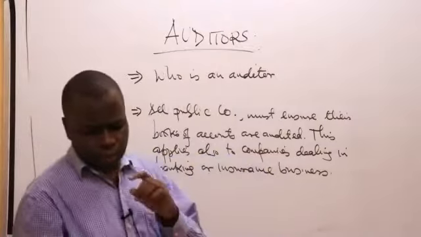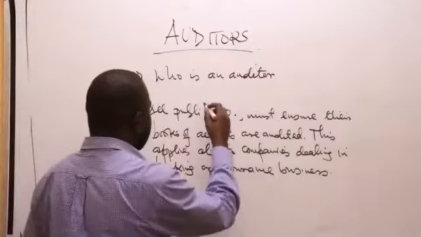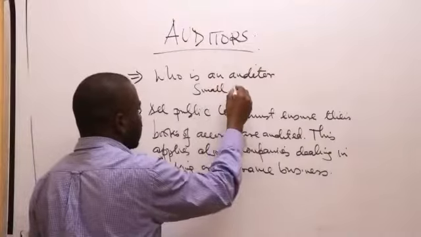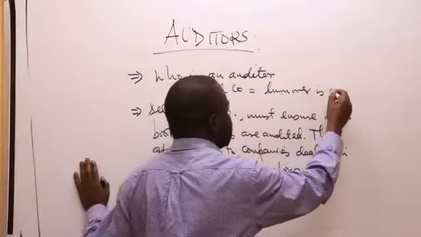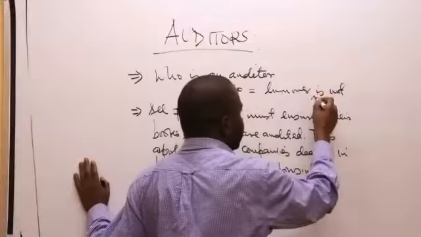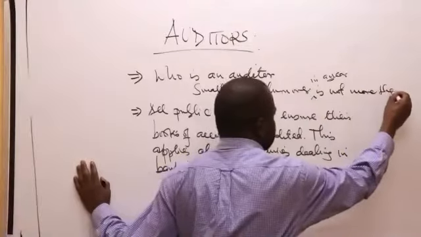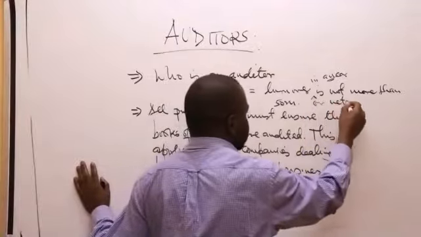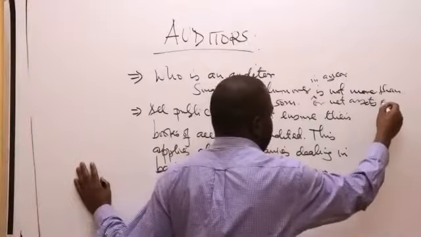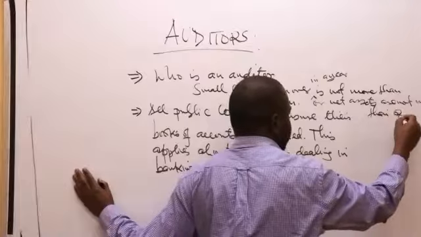A small company means that the turnover in a year is not more than 50 million, or the net assets are not more than 20 million.